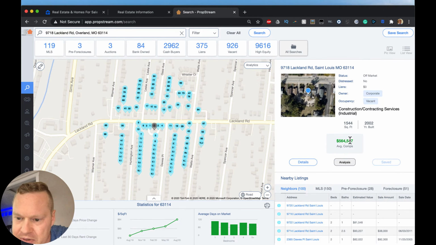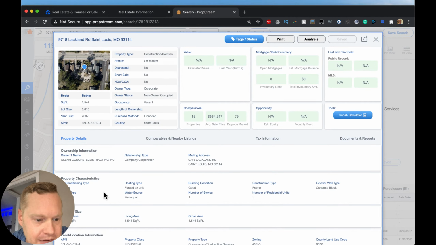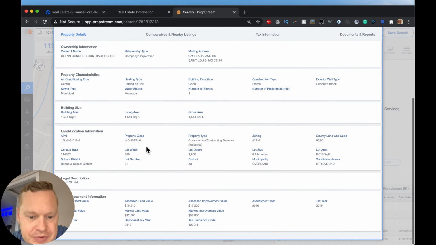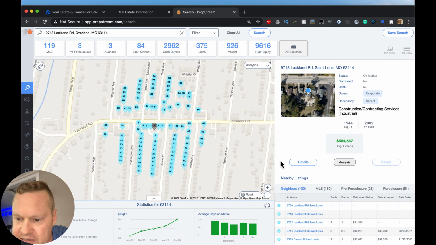So I think it's pulling all this commercial data, not the residential data. That's a bummer. Now it's going to give me some comps nearby, and believe me, you can still get into the comps from PropStream here. But the estimated value on here is usually really good for beginning real estate investors.